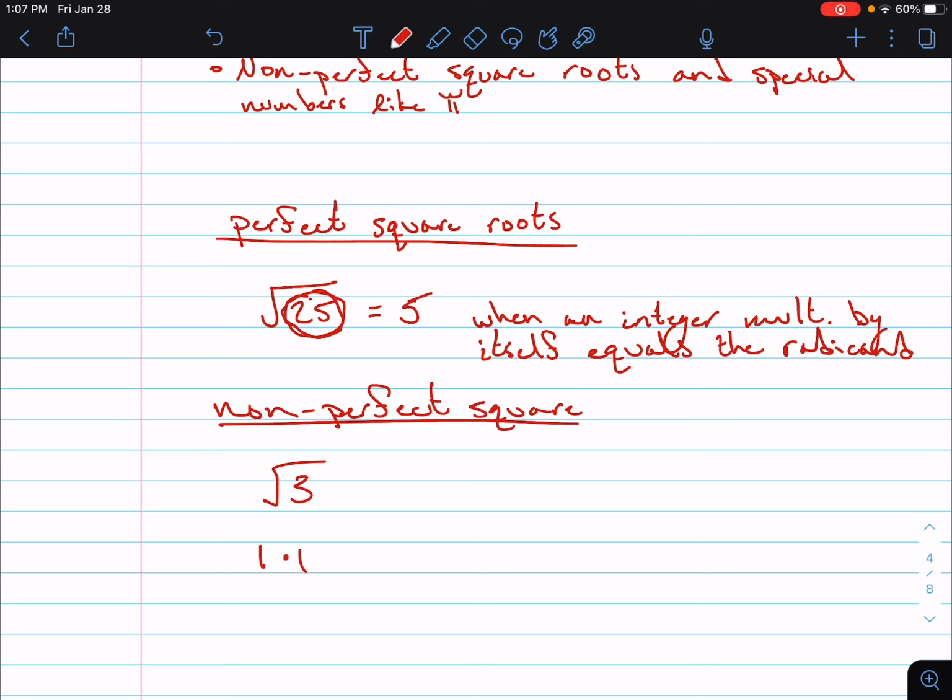So we start with 1. 1 times 1 is 1. 2 times 2 equals 4. And since integers can be both positive or negative, we have to consider -1 and -2 as well. 1 times -1 is 1. -2 times -2 is 4. So there is no integer multiplied by itself that equals 3, which makes root 3 irrational.